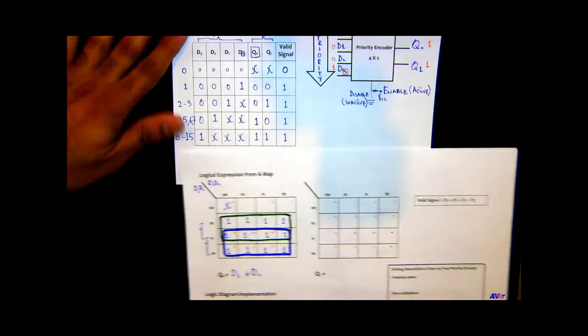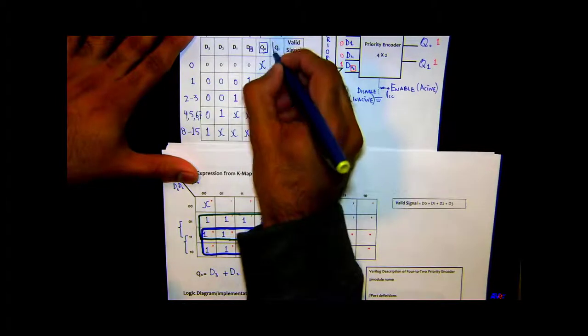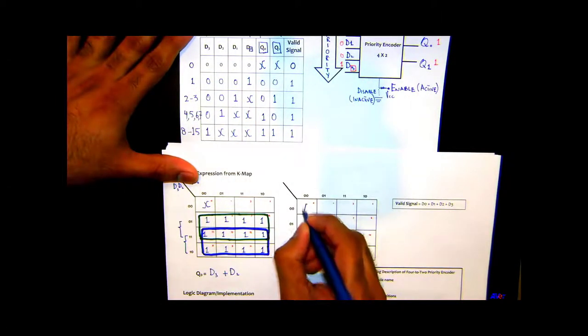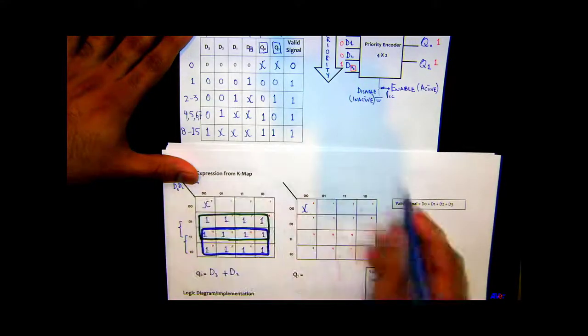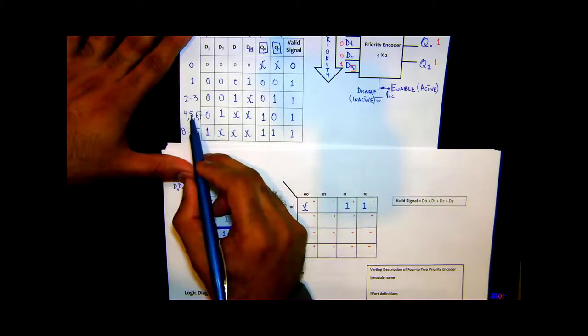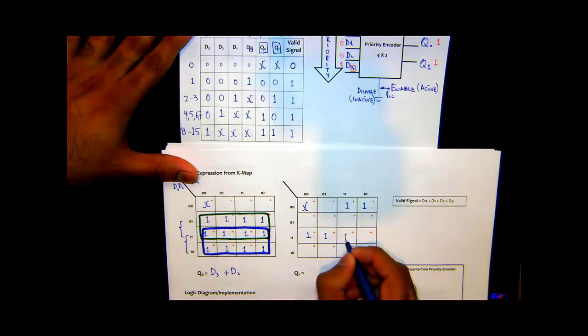Now we're going to do the K-map for Q1. So we look at this column right here, Q1. 0 is don't care. 1 is 0. 2 and 3 are 1. 4, 5, 6, 7 are 0. 8 to 15 are 1.